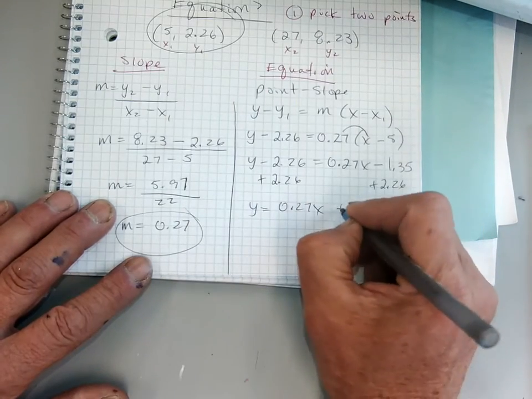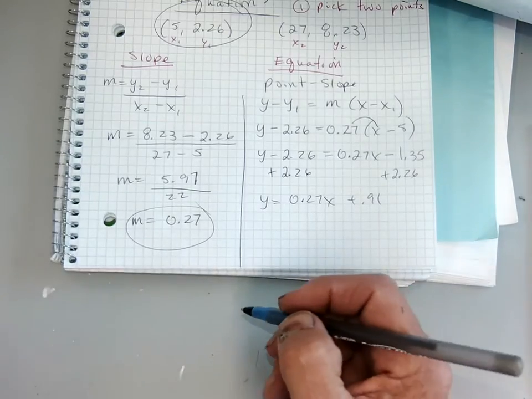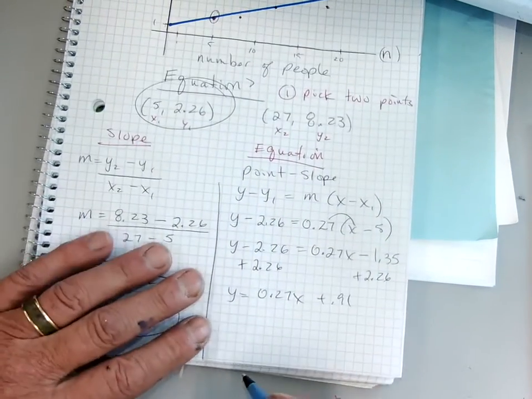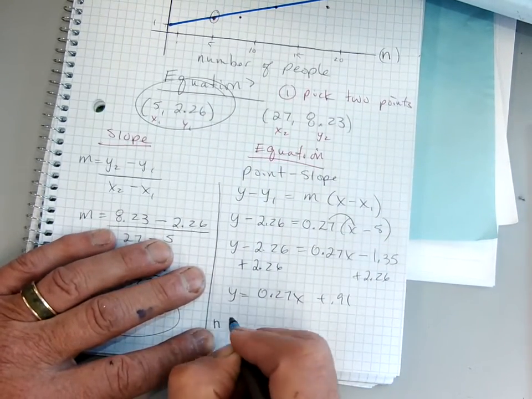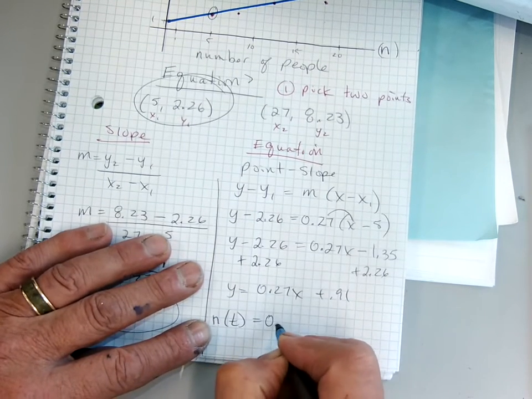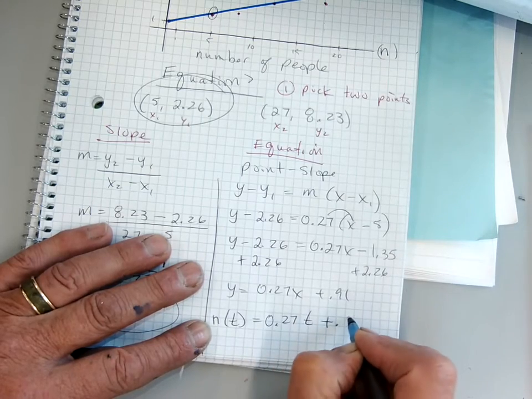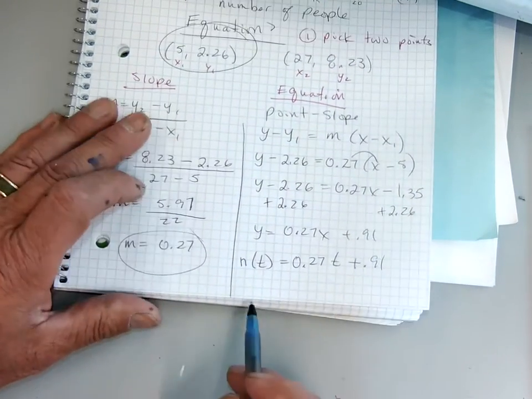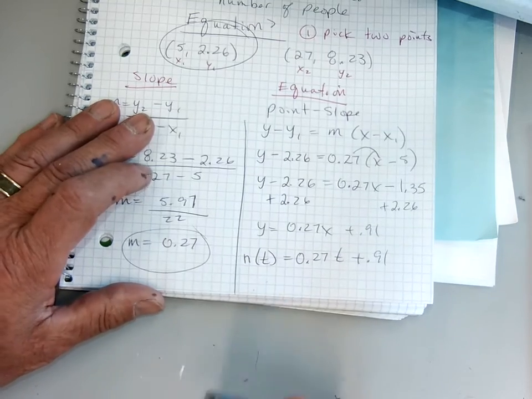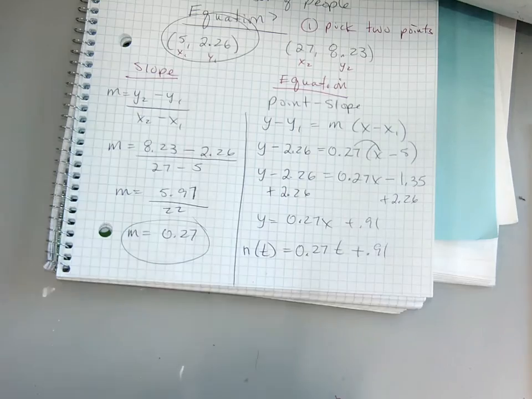How am I doing? There's my equation. I'm going to redo it and say N of t, because it is the number of people with respect to time. That's my equation. I like that equation. I'm going to circle it. That's my answer.